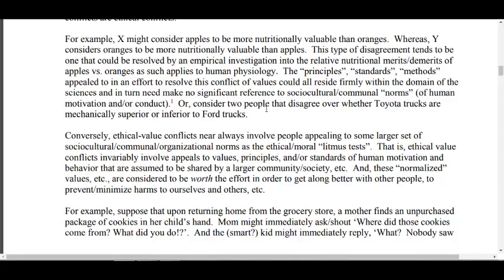The idea is we can disagree about these things and value the features of an iPhone over those of an Android. People can disagree about that, but it's not really about human harm or safety. So it doesn't have a distinctively ethical quality. It's just a conflict of values or a disagreement about values, and we tend to be able to resolve these things a lot of times.